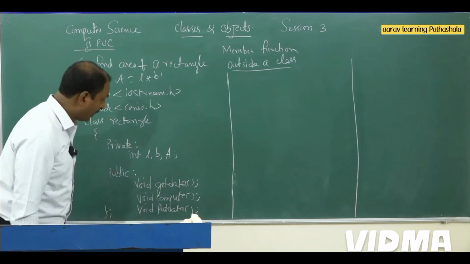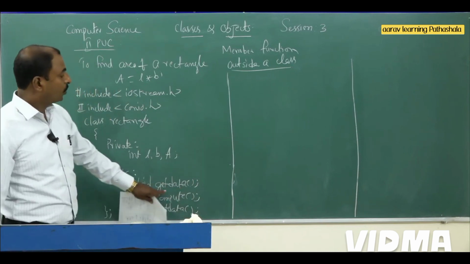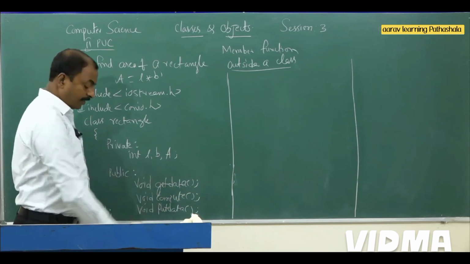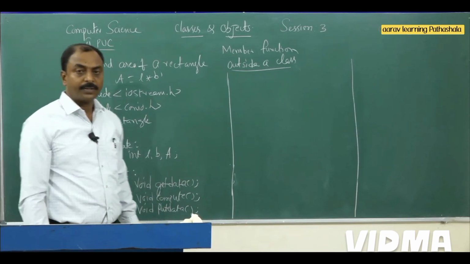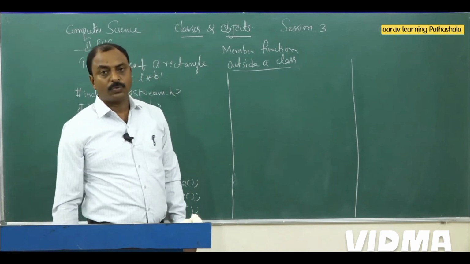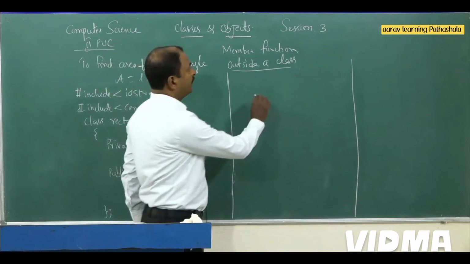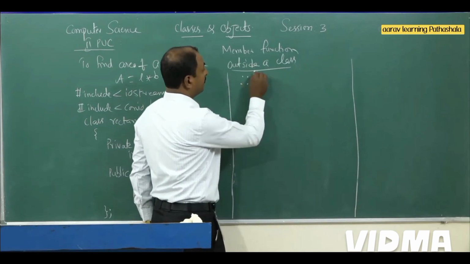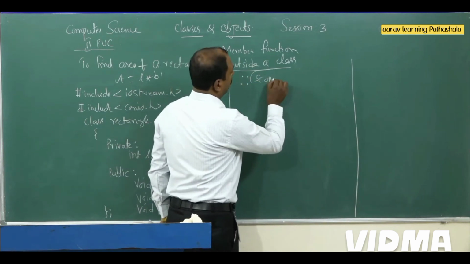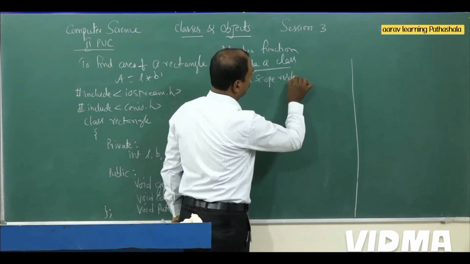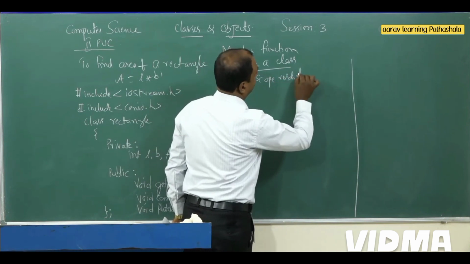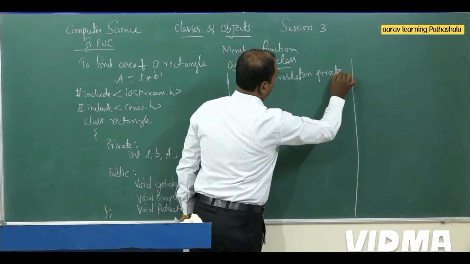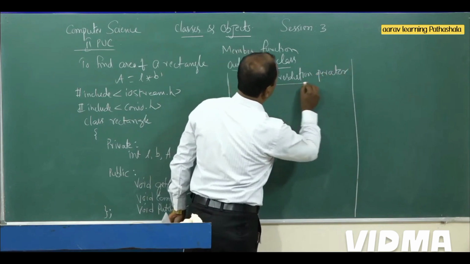So that we'll write with the help of the scope resolution operator. Here, to write the definition, we are using one more operator that is called the scope resolution operator, that is two colons together. This is called the scope resolution operator.